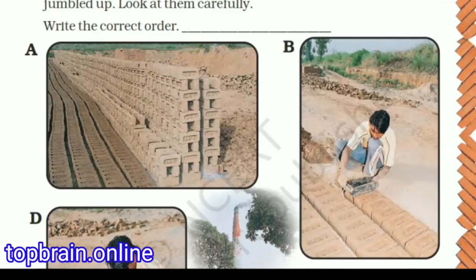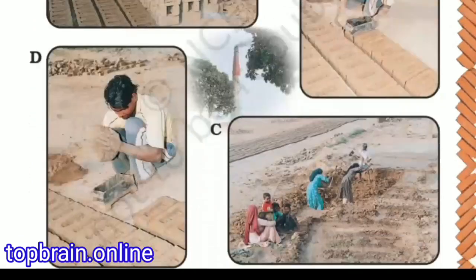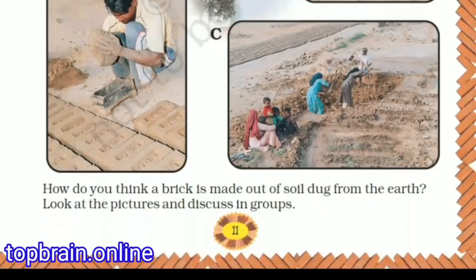Here a man is putting out the molded bricks in a line, and in picture D a man is putting clay into the mold for molding bricks into cuboid shape, and in figure C people are digging the soil.